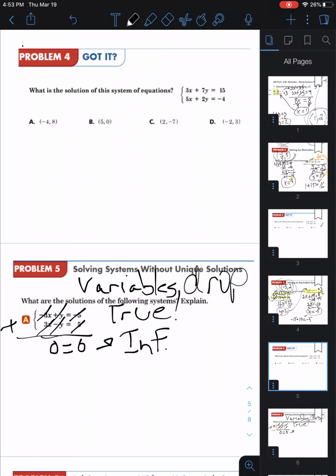So we put infinitely many solutions. Okay, might be tempted to put all solutions, but we don't have all solutions. Only the ones that work in the first equation are going to work in the second one. So there are infinitely many. If you had to find one, stick a number in for x, solve for y in that first equation. That'll give you one. That's if you had to find one.